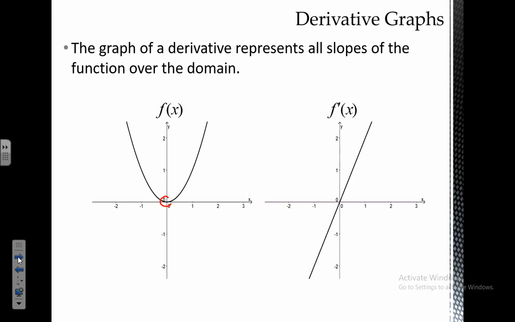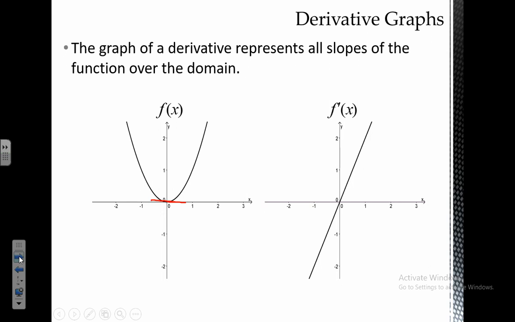Here at 0, we have a nice smooth change of direction. Remember, at corners our derivative is undefined, but with a nice smooth change of direction, we would have a horizontal tangent line there, which means our derivative is 0. And then as we increase, we have positive values.